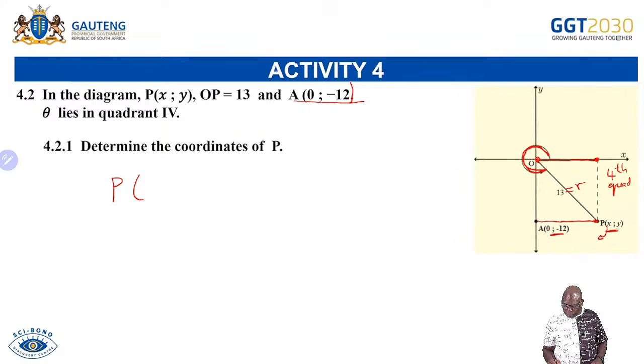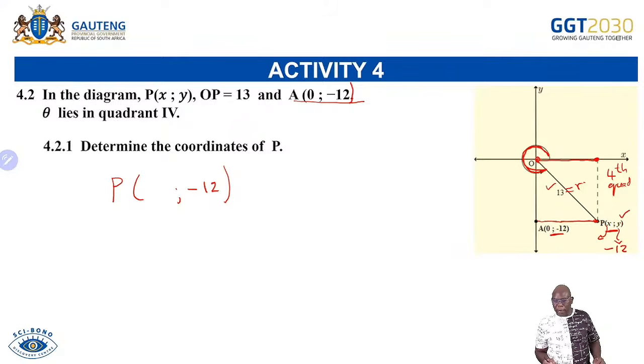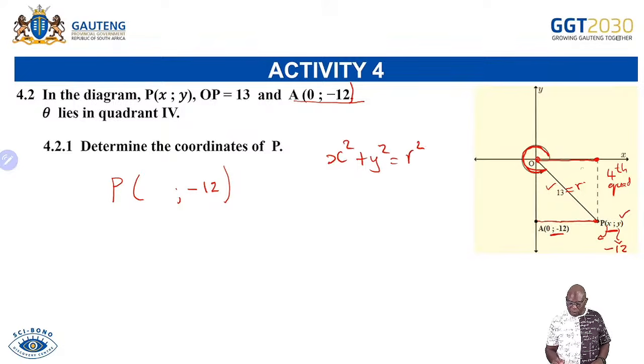The value of Y there will be negative 12. So I already have the value of Y there, which is negative 12. Then I've got the R, so I need the X. If I need the X, what do I use? Use the theorem of Pythagoras. Why am I using the theorem of Pythagoras? Because this is a right angle triangle.